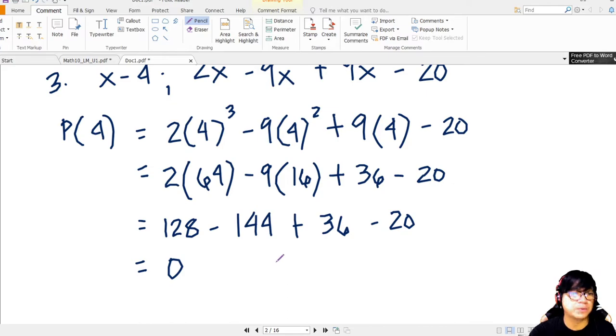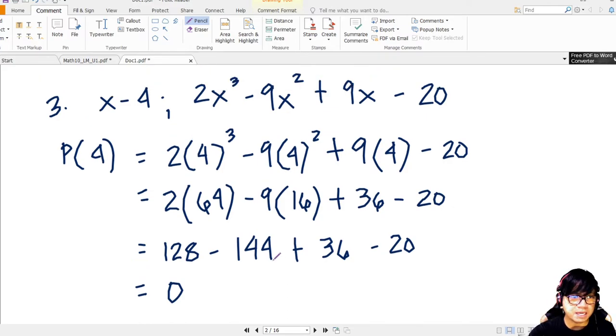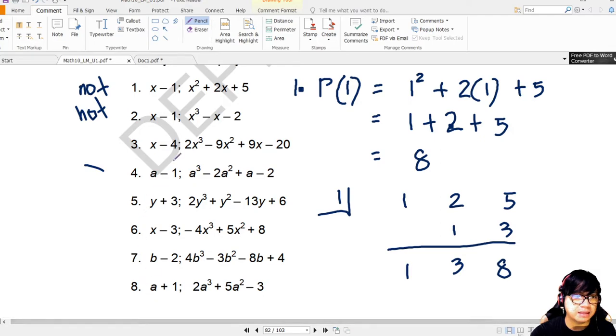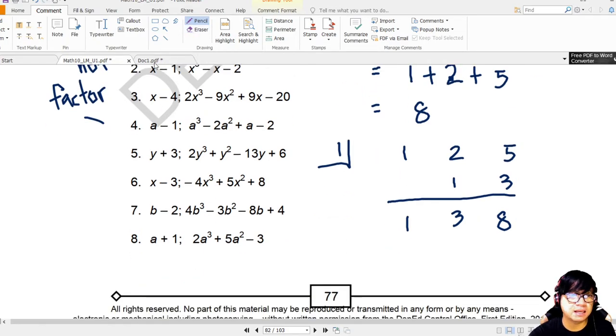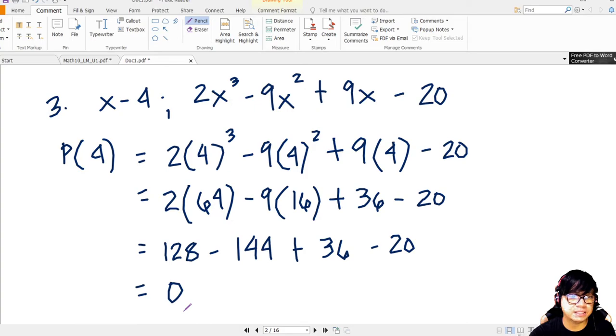So 0. Since the remainder is 0, we can say that x minus 4 is a factor, because we showed that the remainder is 0.